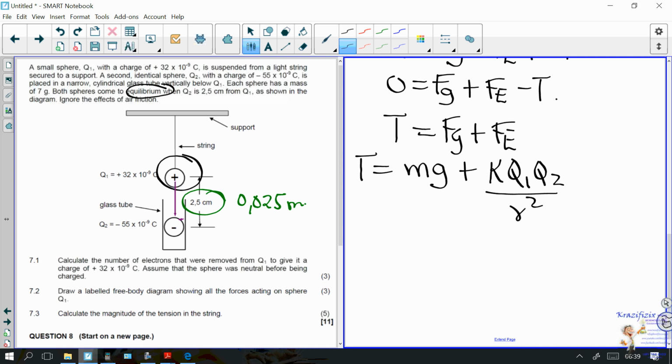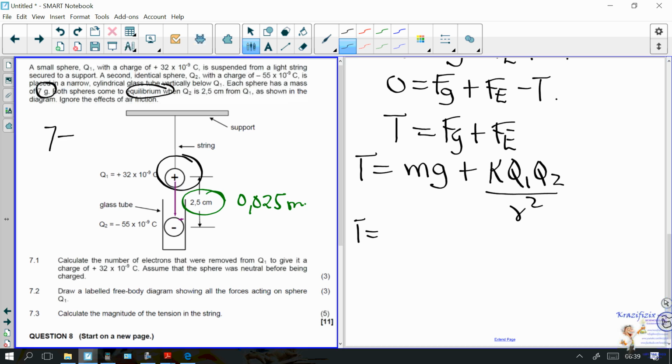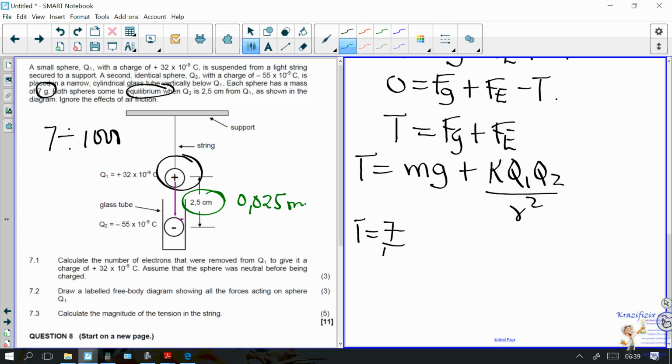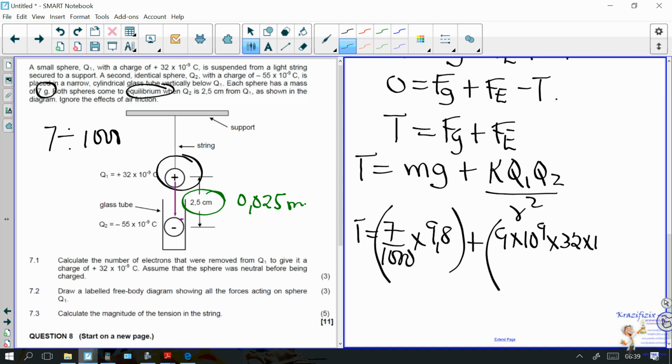All right, so what is the mass? We're given 7 grams, so we must convert that to kilograms. 7 divided by what? 1,000. What are we going to have? 7 over 1,000 multiplied by 9,8 plus, what is this now? 9 times 10 to the power 9 times, what is my Q1? 32 times 10 to the power negative 9 times 55 times 10 to the power negative 9.